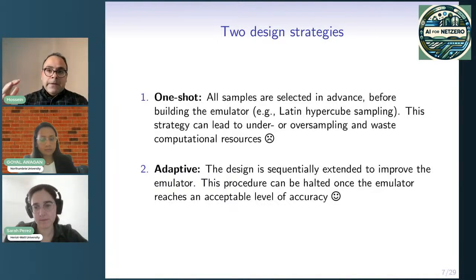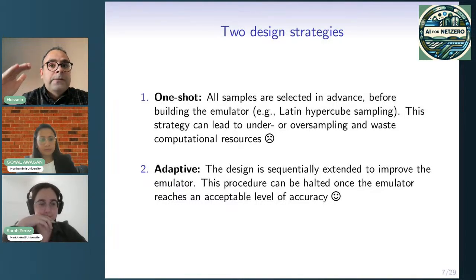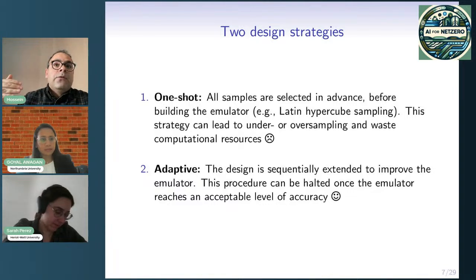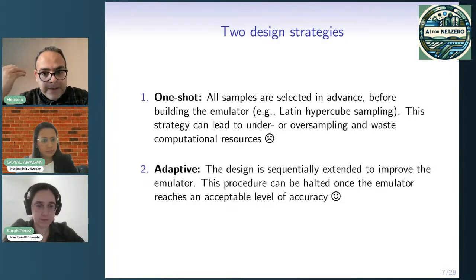It means that, for example, you set a number of model evaluations, let's say 100, but maybe you don't reach the acceptable level of accuracy with your emulator with 100 evaluations. So you need to do this sampling approach again. Or oversampling means that you have sampled a lot of points, but your emulator has already reached an acceptable level of accuracy.